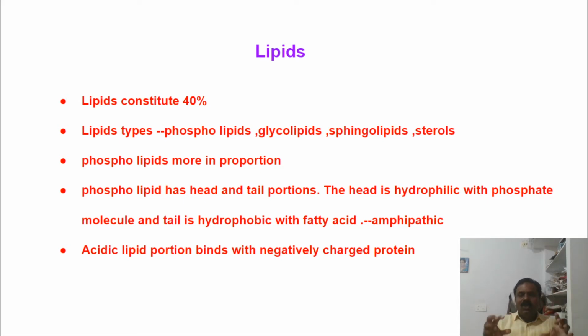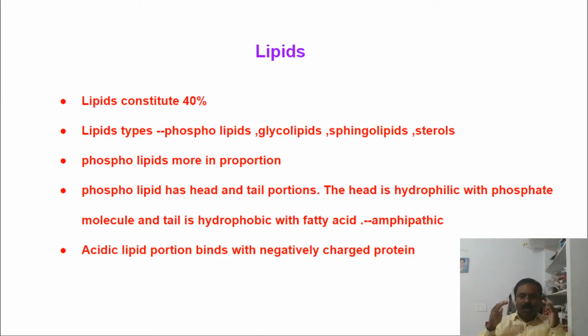So this molecule has two properties, hydrophilic property and also hydrophobic property. So this molecule is called amphipathic.